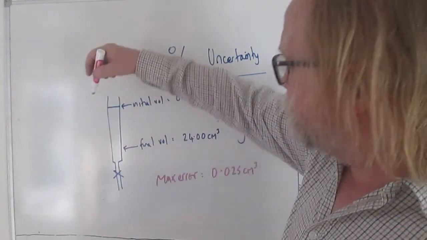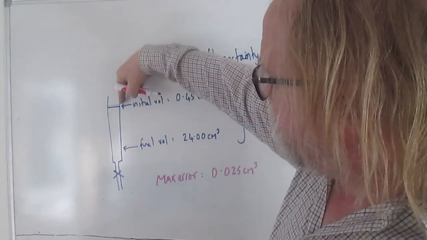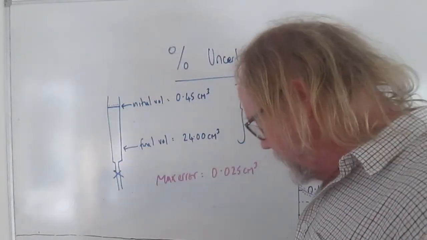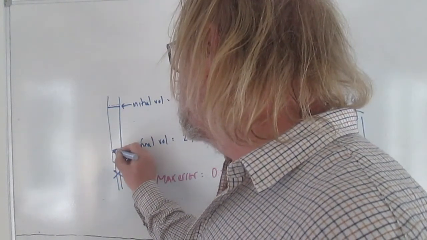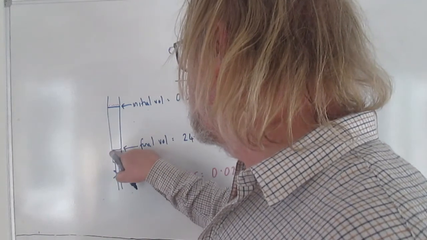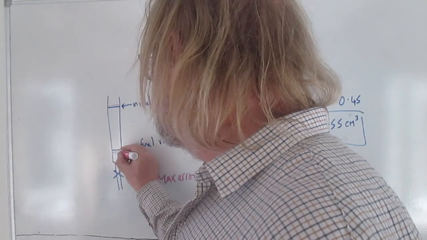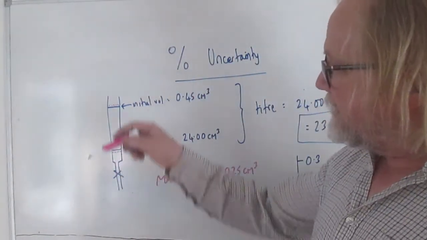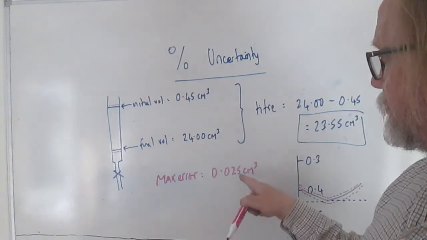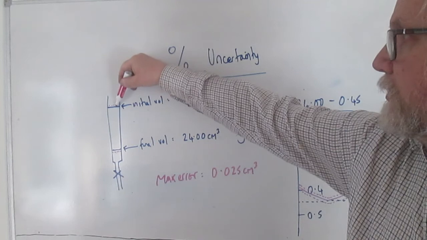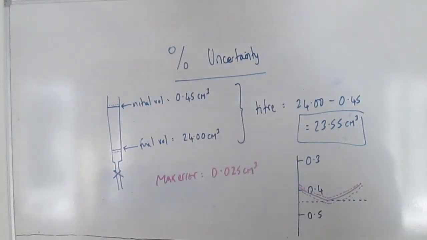Because, for example, your initial volume reading could actually have been slightly lower than the value you put in, and your final one could have been slightly bigger going that way. So the true volume might actually be bigger not just by 0.025 but by 0.025 that way and 0.025 that way, so it could be off by 0.05.